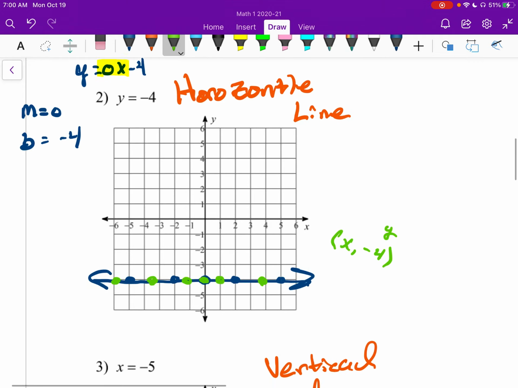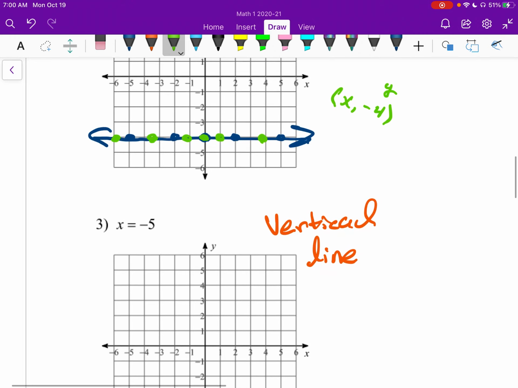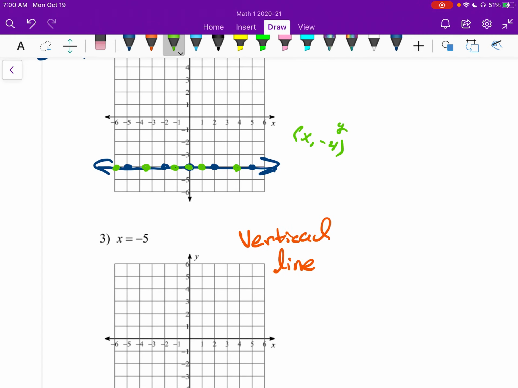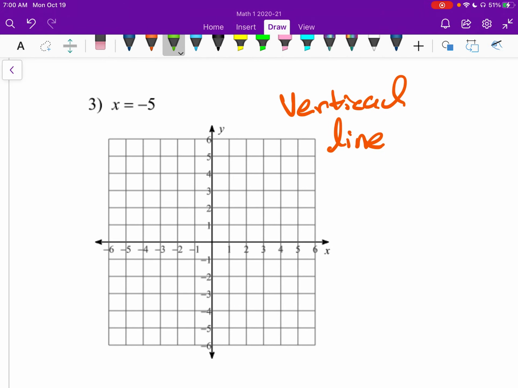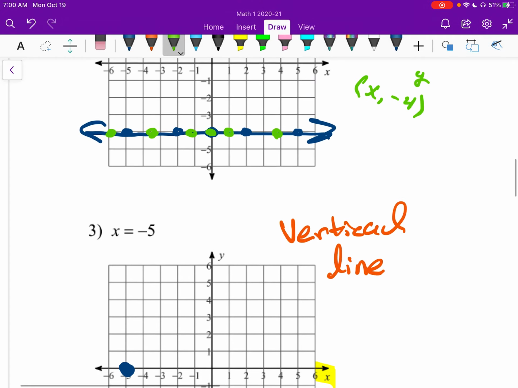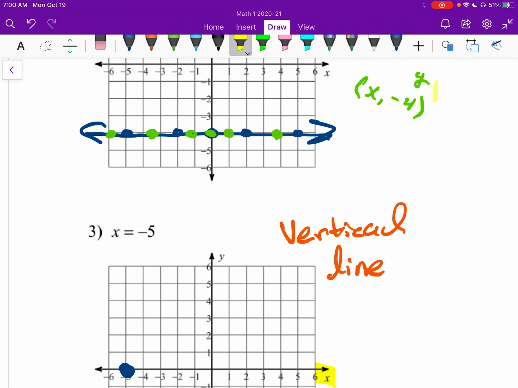Now, number 3, we're going to do the same thing, and you can kind of imagine how that's going to work. We're going to start off by looking at x equals negative 5. So we're going to put a dot on negative 5 on our x-axis, right? Remember, our x-axis is the horizontal axis. And then just like what I said with the other one, we're able to say something similar about this one.